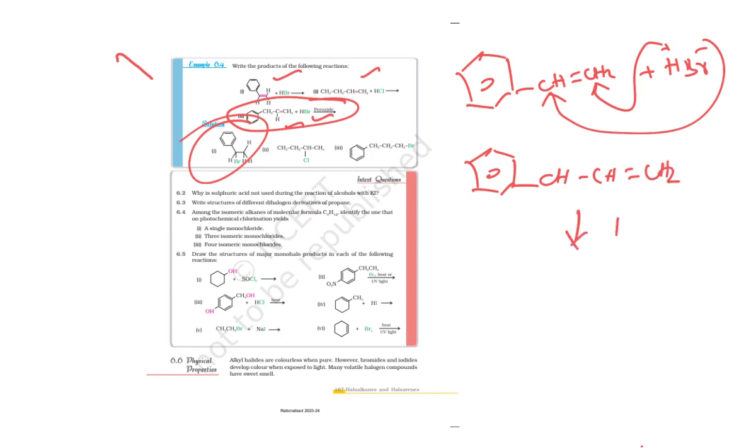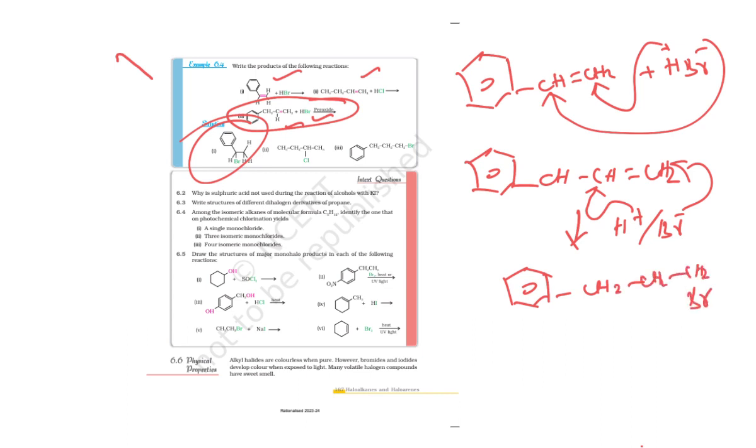According to the anti-Markovnikov rule, the H plus goes to the alkene carbon which has the lesser number of hydrogens, and Br minus goes to the carbon which has the more number of hydrogens. So your product is going to be CH2, CH2, CH2, Br. Okay, so this is all about that question example sums.